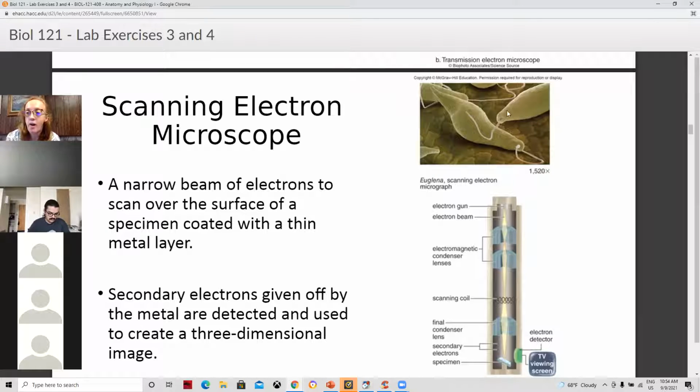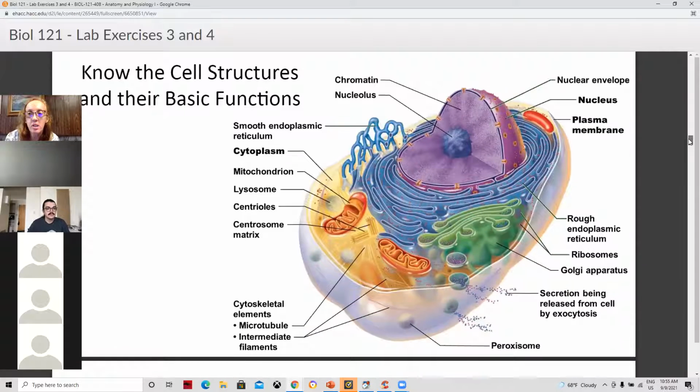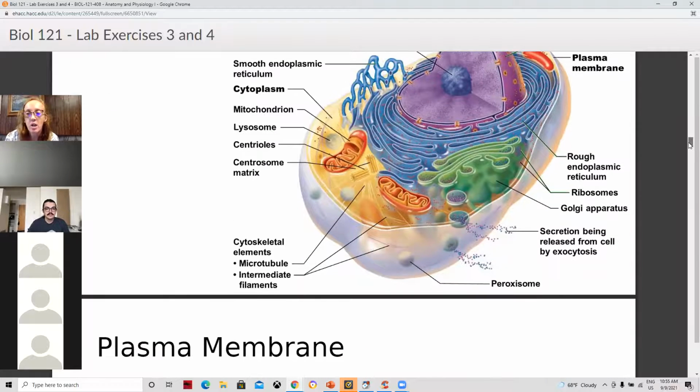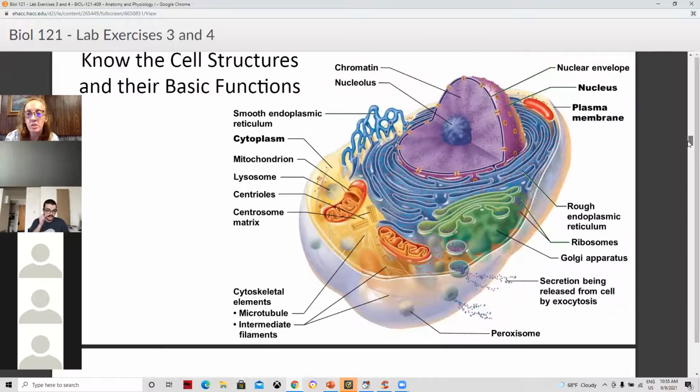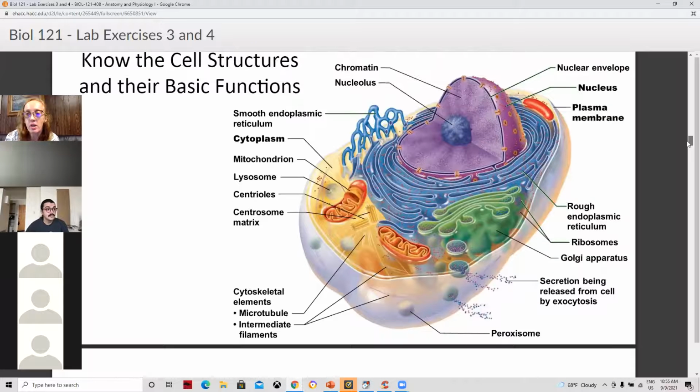Now we're going to shift gears, and we're going to spend the rest of the time today looking specifically at cells. The first thing I want to do is go through different structures within the cell.